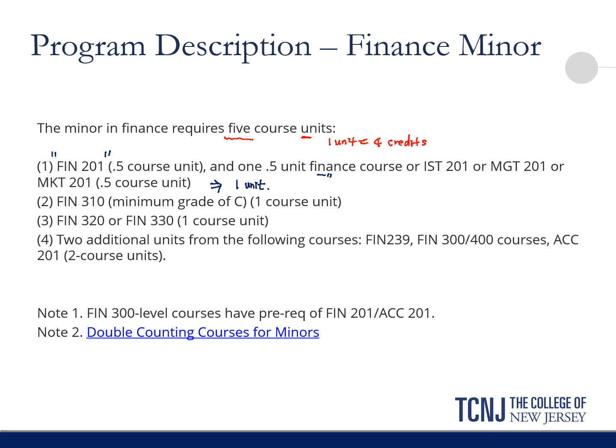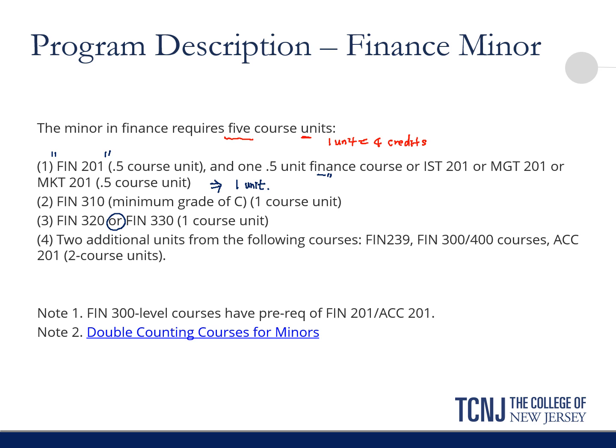Moving on, the second requirement is your Finance 310. The third requirement will be Finance 320 or Finance 330. As you notice, there's an or statement. So let's say that you have taken both courses, meaning Finance 320 along with Finance 330, simply because you're interested in these topics.